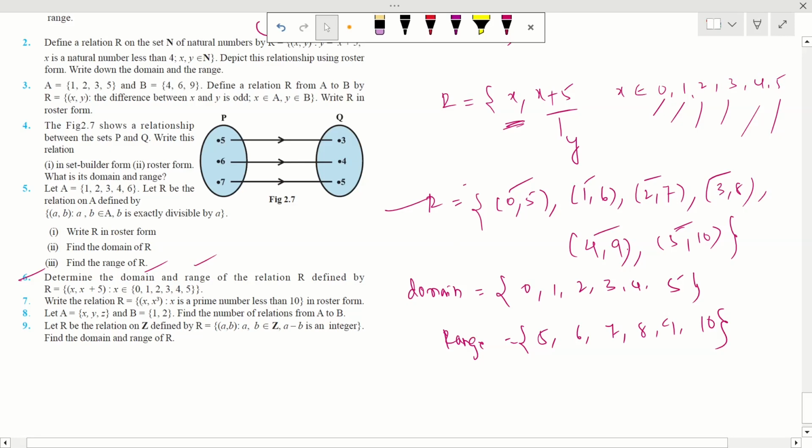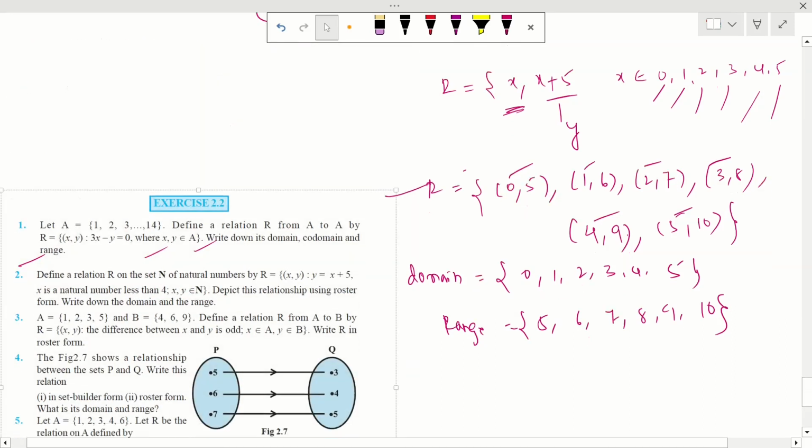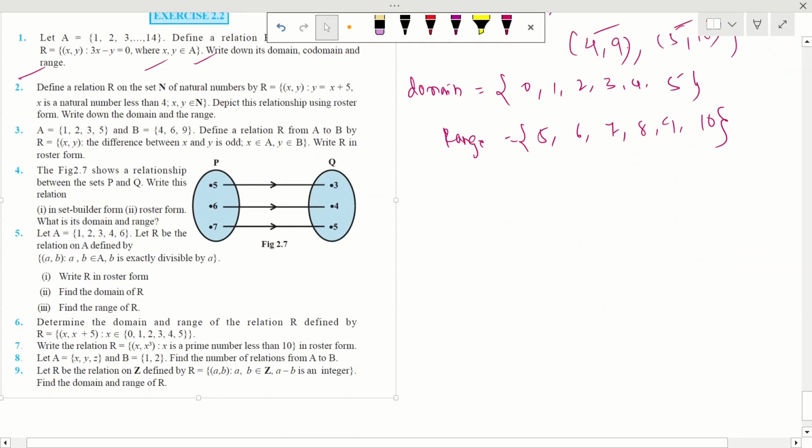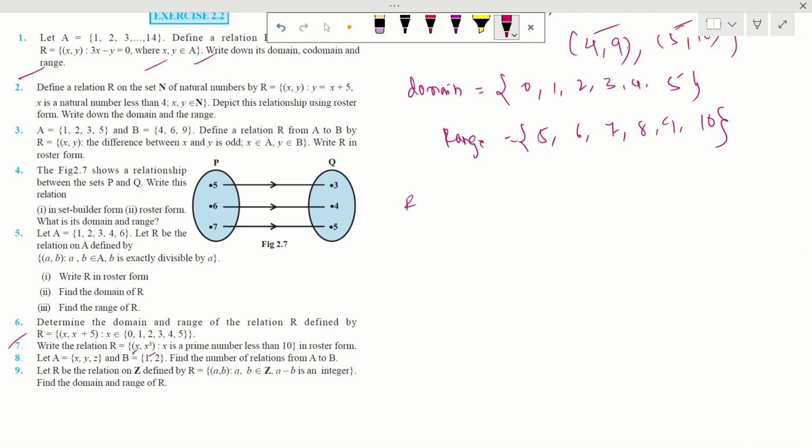Now move to the next problem, the seventh one. The relation is given as x cube, where x is a prime number less than 10, in roster form. We know that a prime number is divisible only by 1 and itself. The prime numbers are 2, 3, 5, 7.